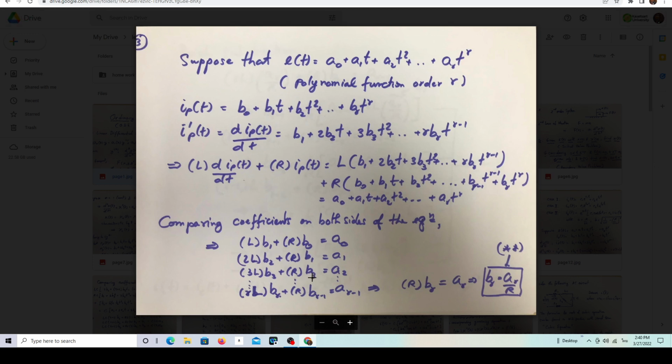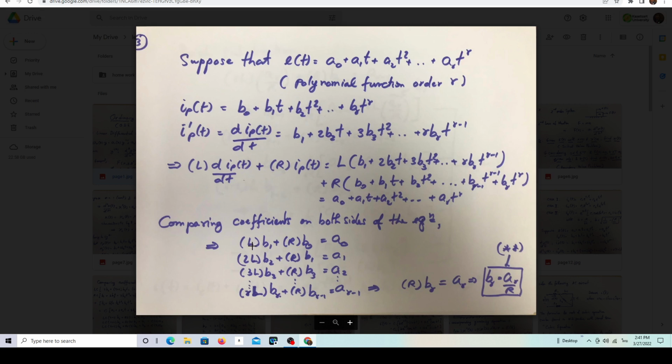It has to be B sub 2. Sorry, R times B sub 2 equals A sub 2. Make sure that you correct this: this has to be B sub 2, not B sub 3.